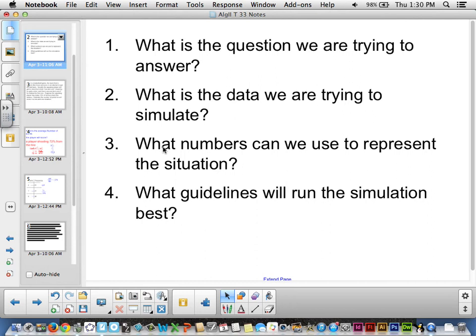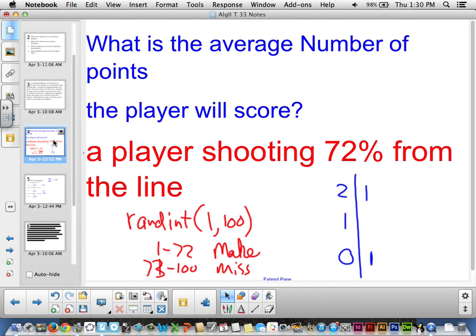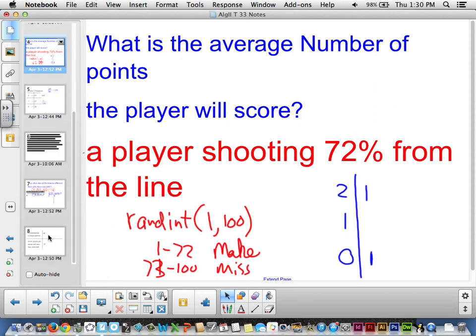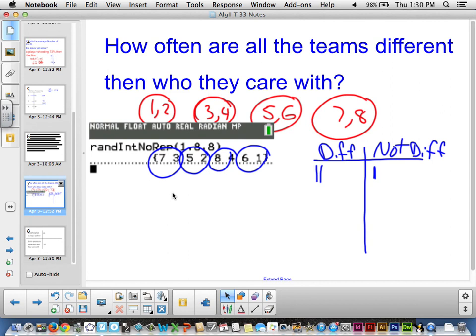And then what guidelines best run the situation? In the 3 free throws, we're simulating 2 numbers at a time and we're tallying how many points they got. In the couples at a party, we were grouping them in sets of 2 and seeing if there were any sets of 2 that matched the original sets that came to the party.